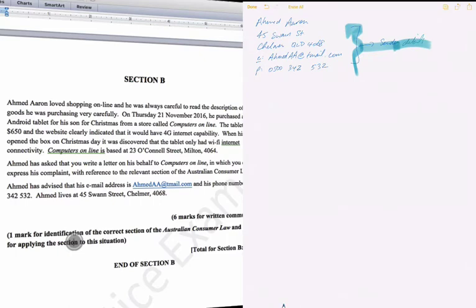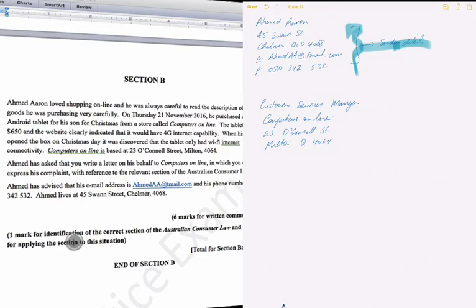The second thing then is I'd write who I'm addressing it to. So I leave a bit of a gap here. Then I'm sending it to the customer services manager at the store. So I've got the position I'm sending it to, the store I'm sending it to, and where I'm going to actually send the letter, 23 O'Connell Street, Milton, Queensland, 4064.